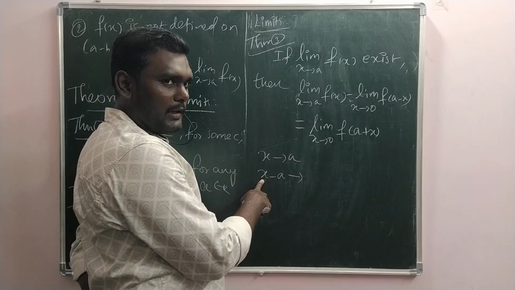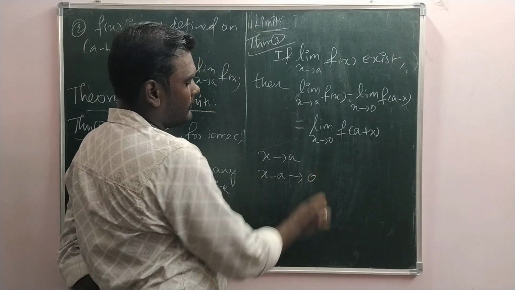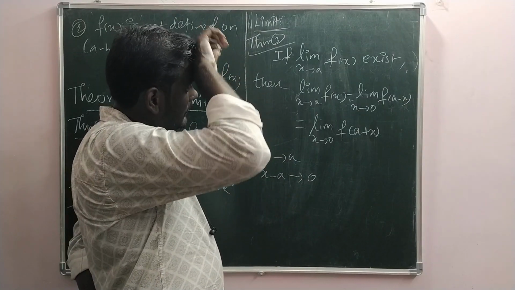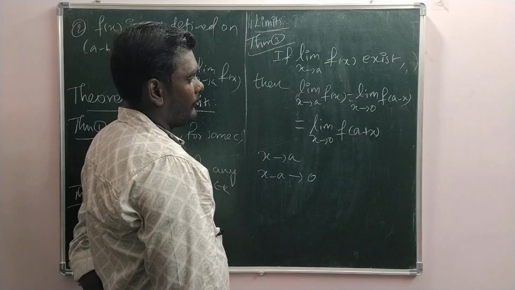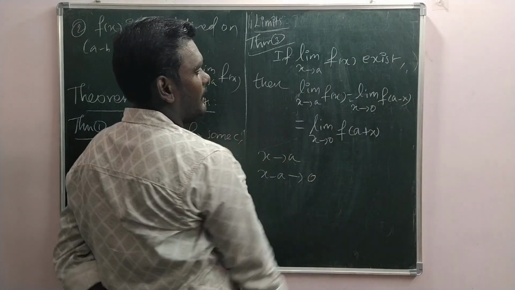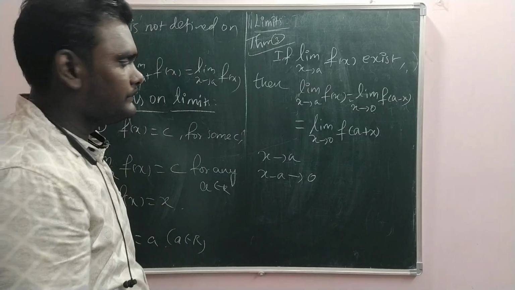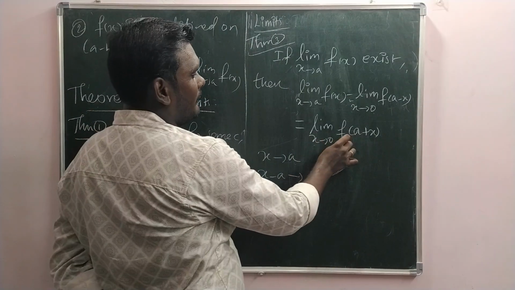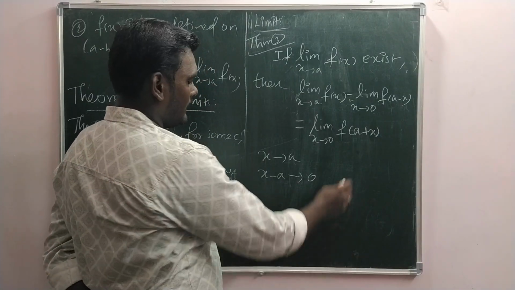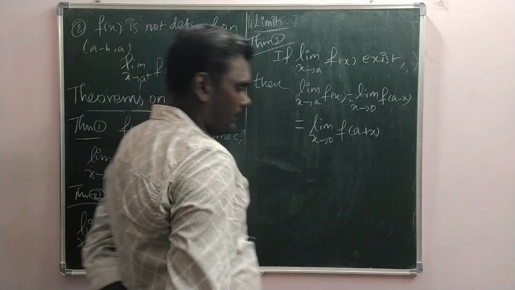X approaches a, so x minus a approaches 0. Then here x approaches 0, and f approaches f of a. The same way, x approaches 0, f approaches f of a. That's all. They are equal.